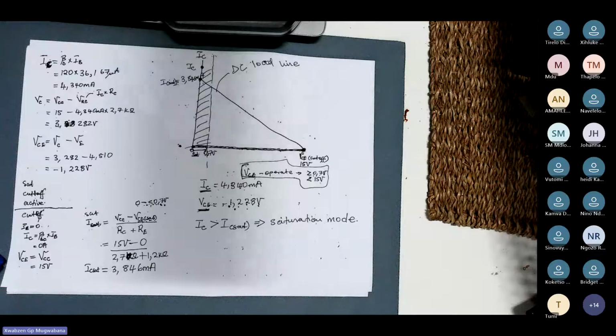Are we together? Yes, sir. Now, in this case, it simply means that your transistor never went out of saturation.